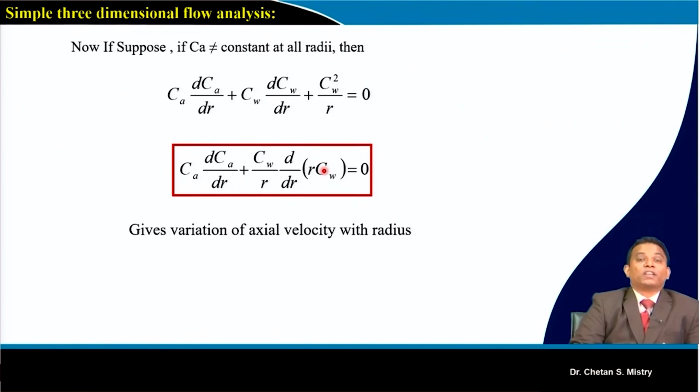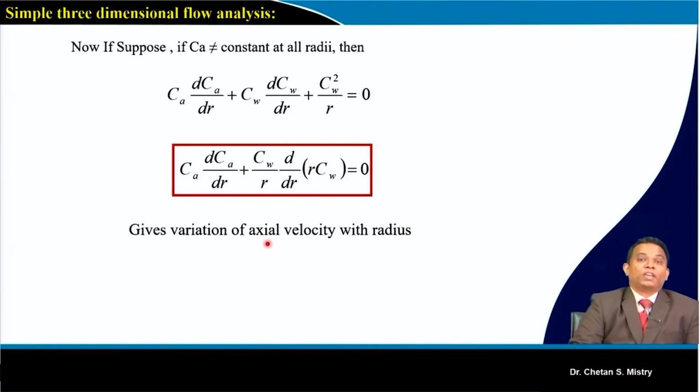Then with the second law of thermodynamics, we incorporated the change of enthalpy into the radial equilibrium equation. Based on that simplified form, we came up with a formulation representing the change of total or stagnation enthalpy along the radius in terms of axial velocity and tangential velocity, which we use for our calculation and further design.